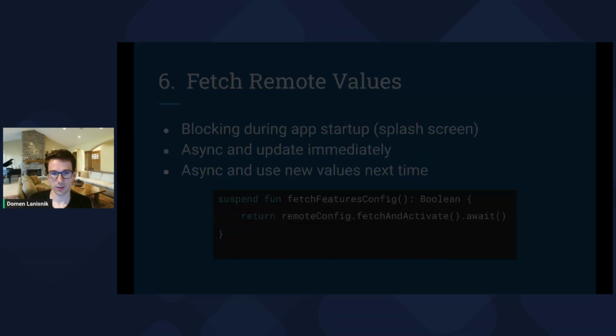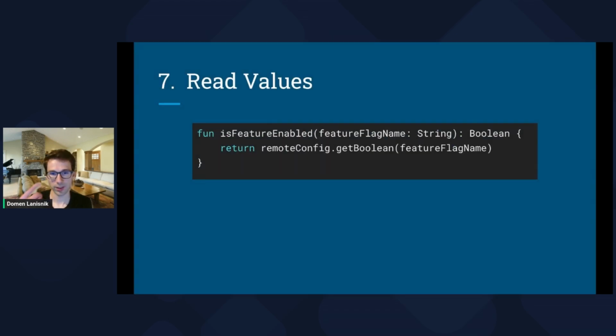And then you can read them. So here is the function that we also saw in the beginning. It's called isFeatureEnabled. It accepts the feature flag name, and then it calls the getBoolean function on the remote config object, and that returns either true or false based on whatever is set on the remote config console.